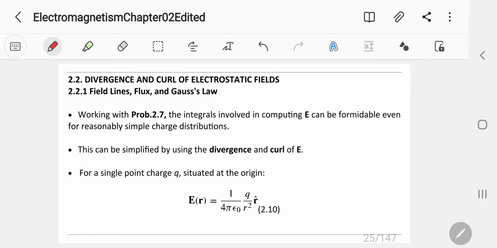So we have come to a point where we will have to discuss divergence and curl of electrostatic fields, but given the time, we will not be able to finish this in 10 minutes, so we will discuss this in the next lecture.